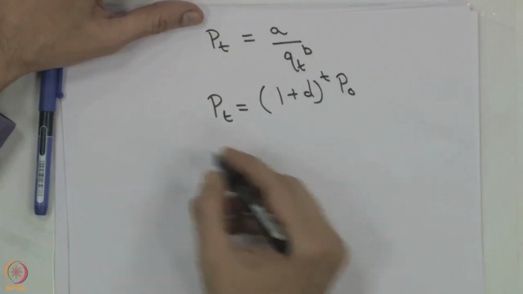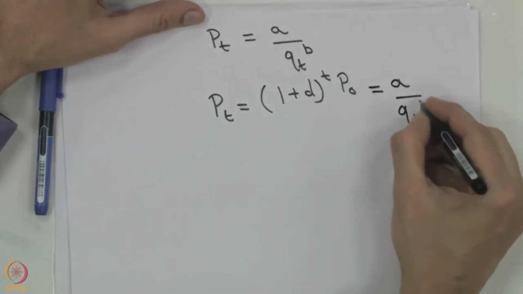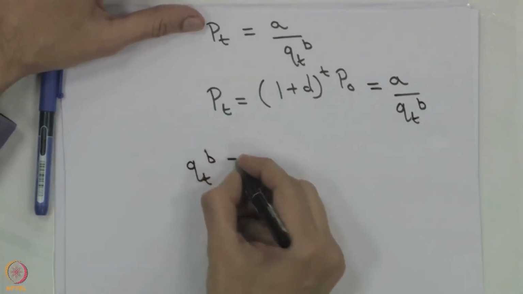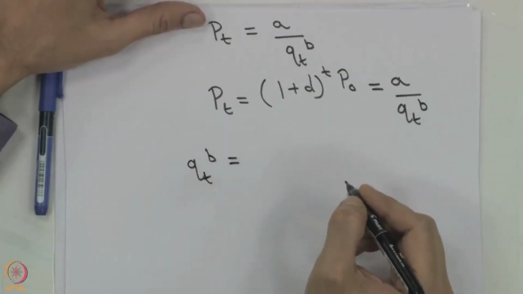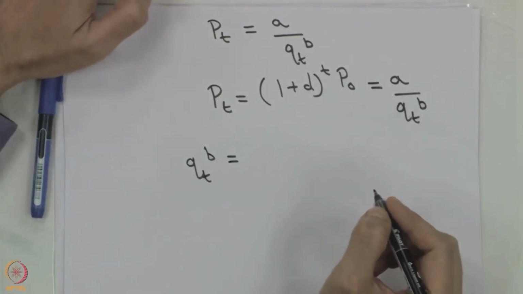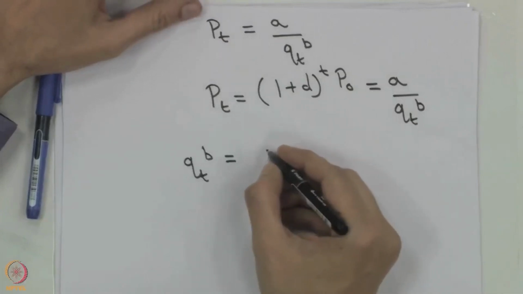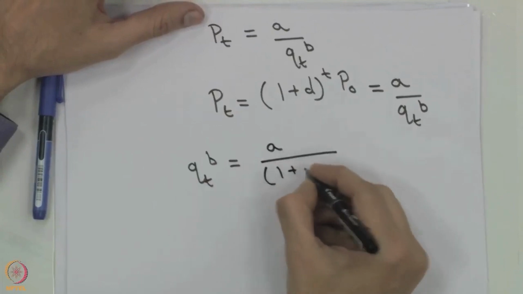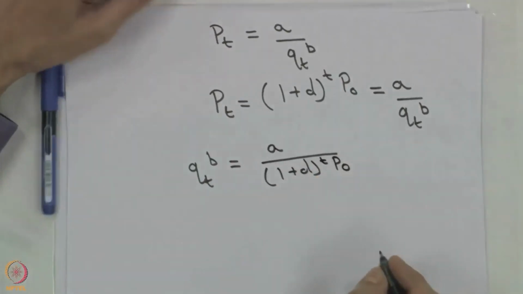We can write Pt is A by Qt raised to B. So, Qt raised to B is going to be A by (1 plus d) raised to t p0.